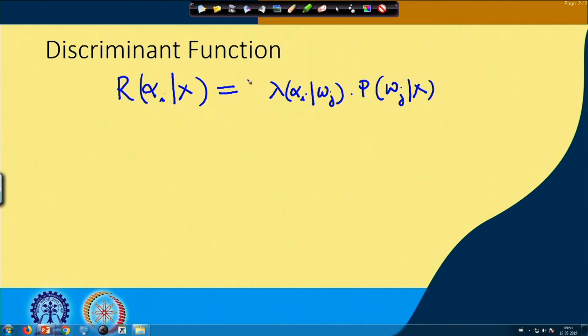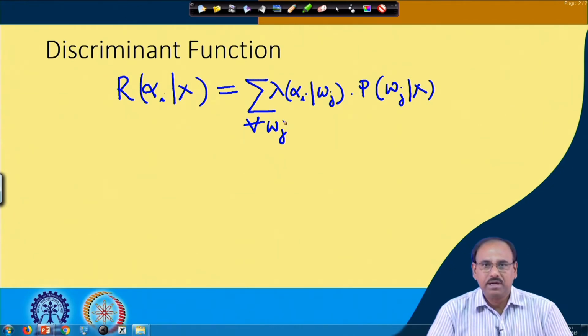For every action alpha i, if I have c number of actions, so i varies from 1 to c, I have to compute this risk function, and for whichever action the estimated risk R of alpha i given x is minimum, I have to take that corresponding action.